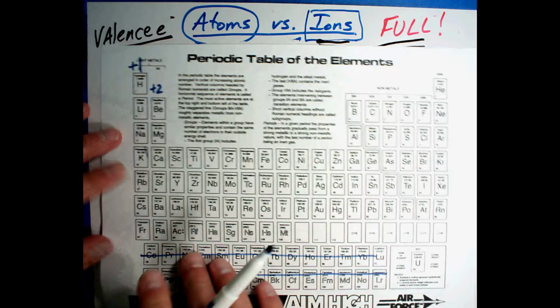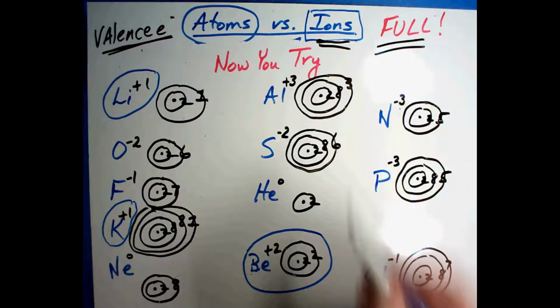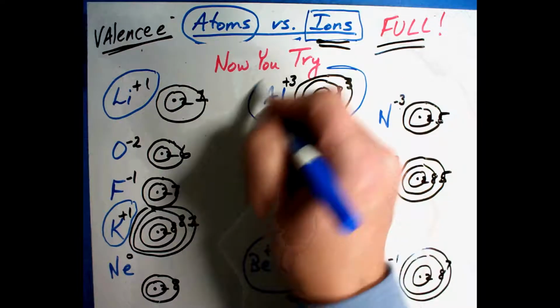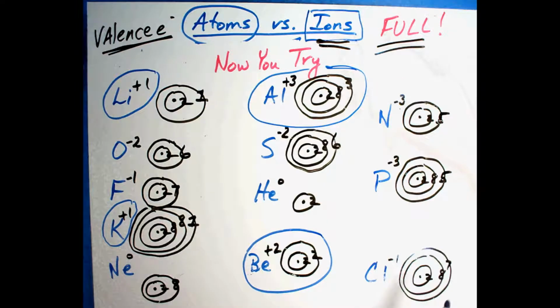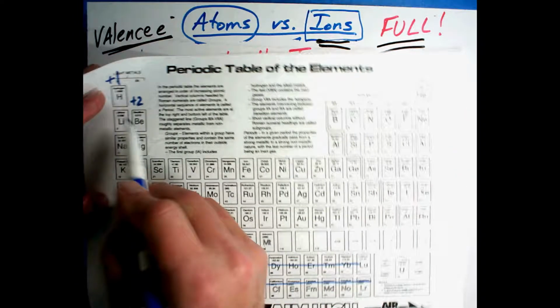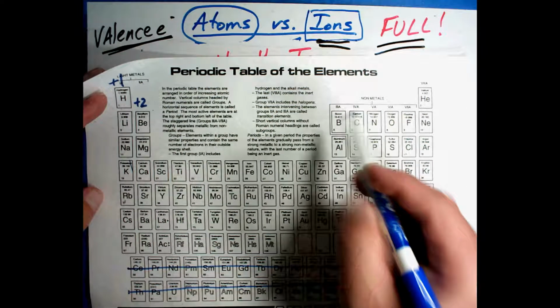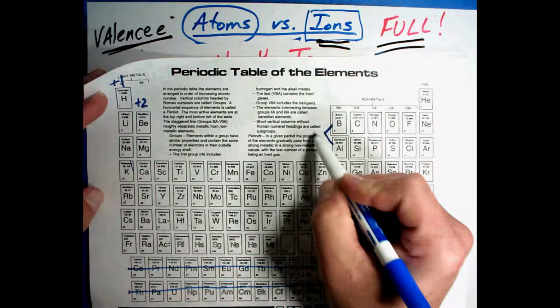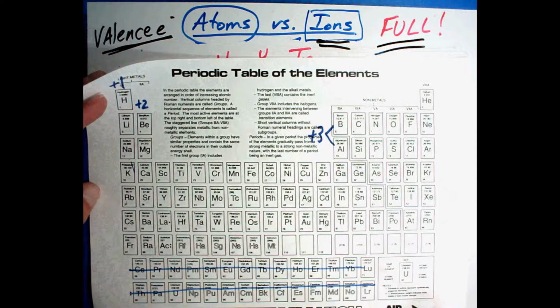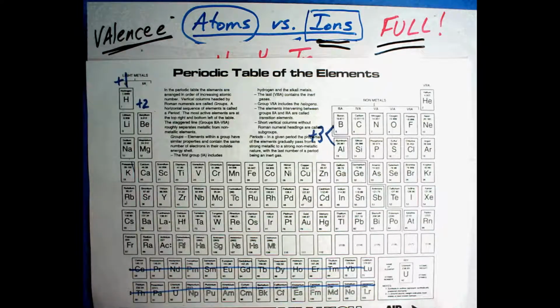Let's look at this guy right here, aluminum. Well, aluminum is +3. So we went +1, +2, skip all the short columns. This guy and this right here, +3 charge. Now, why are they the only 2?